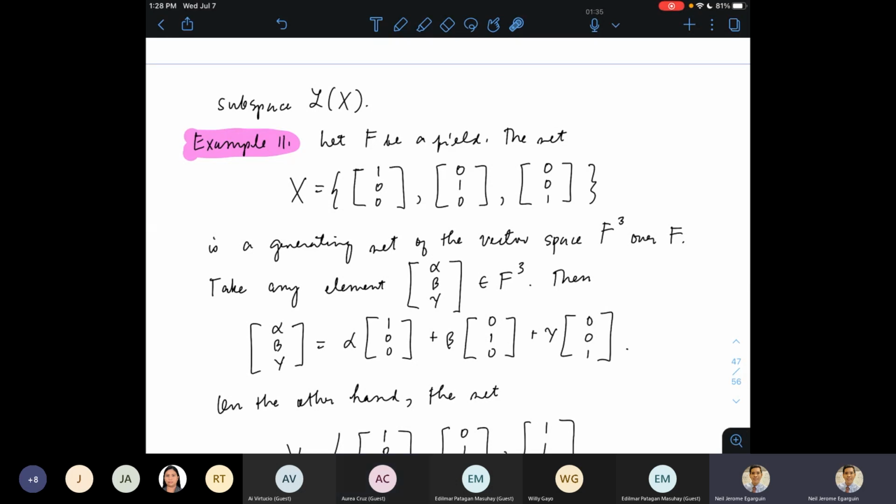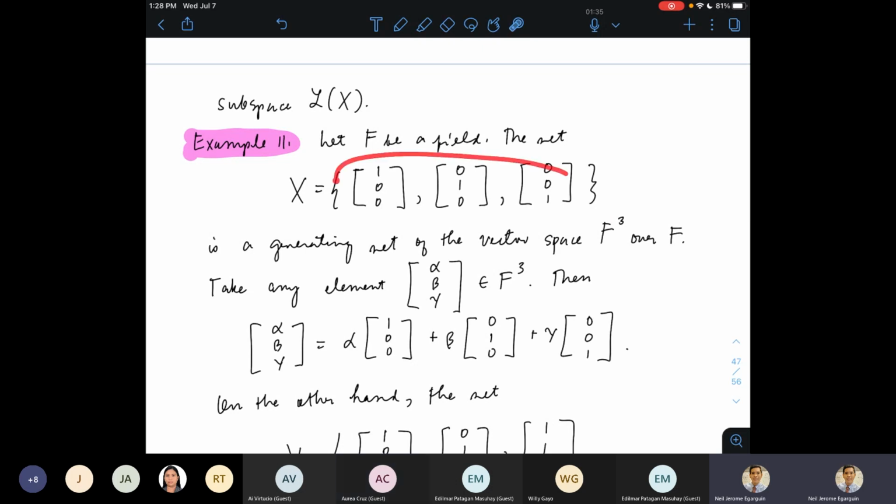So the 1s and 0s you see here in the vectors in set X are not the usual 1 and 0 as numbers. 1 is the unity in the field F, 0 is the zero of the field F, right? But nevertheless, the set capital X can generate the entire vector space F3.